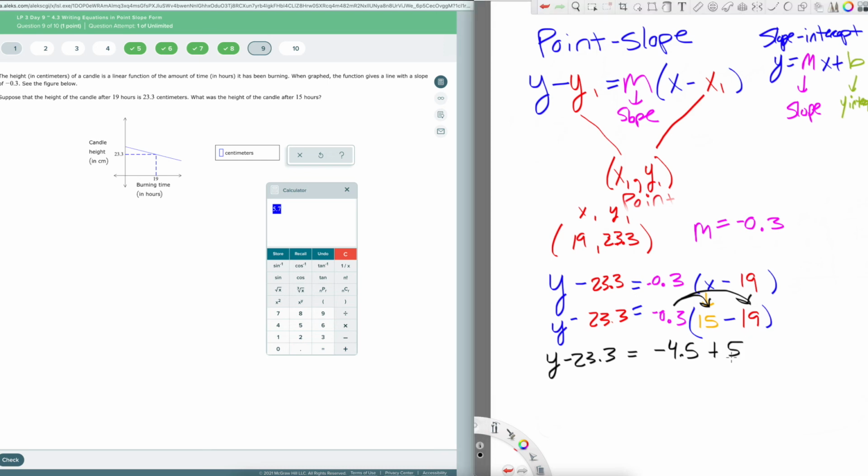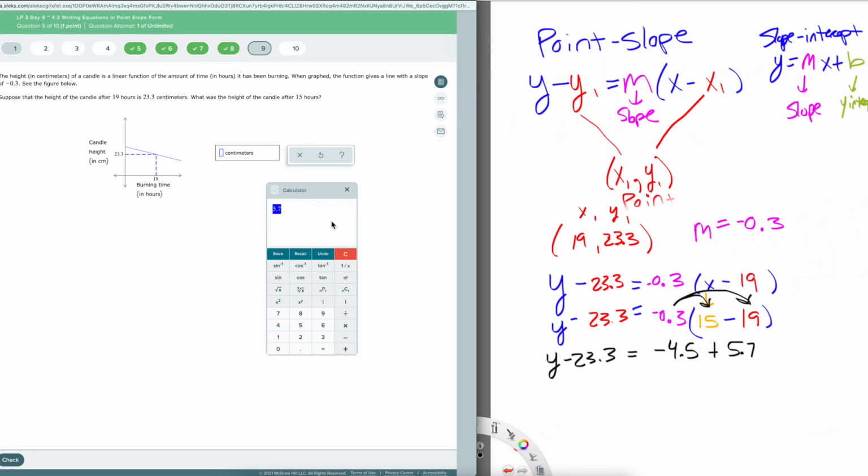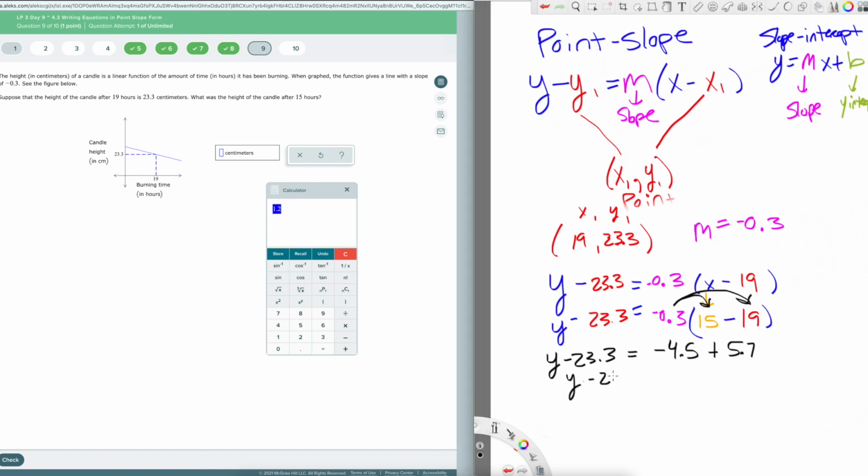All right. So now we're going to combine these two pieces together. So we're going to go back over here and we're going to go minus 4.5. I know that I'm writing it backwards, but the 5.7 is positive. The 4.5 has the negative in front of it. Still works out just the same. So I have y minus 23.3 equals 1.2. And now I'm going to add 23.3 to the other side because I want y to be all by itself here.